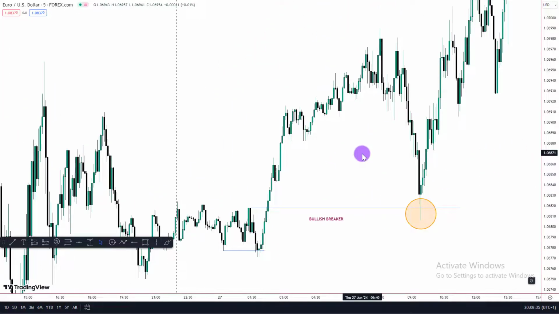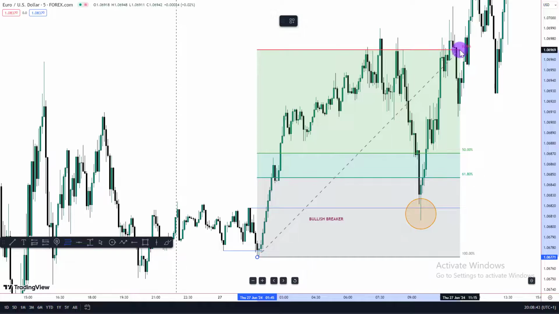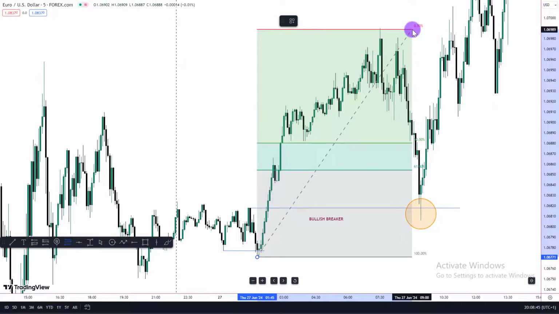If you use a Fibonacci to measure that range, you would see that this is also within a deep discount level between the low and the high. This is about 79% of the Fibonacci retracement level, so it's a very high probability trade setup.